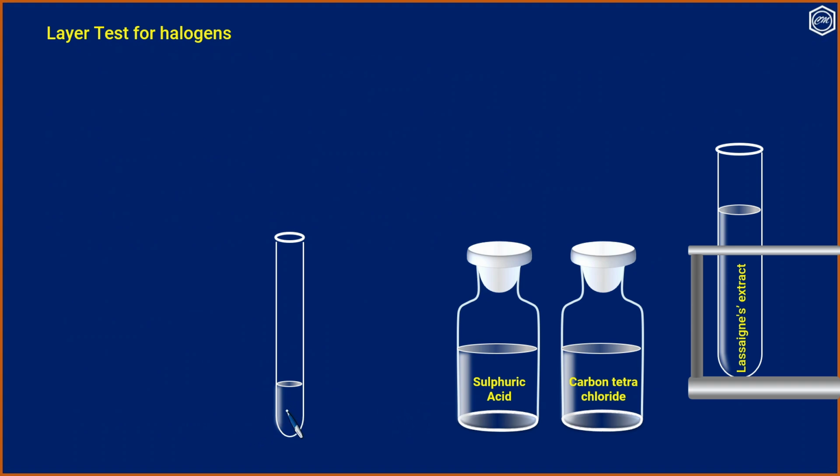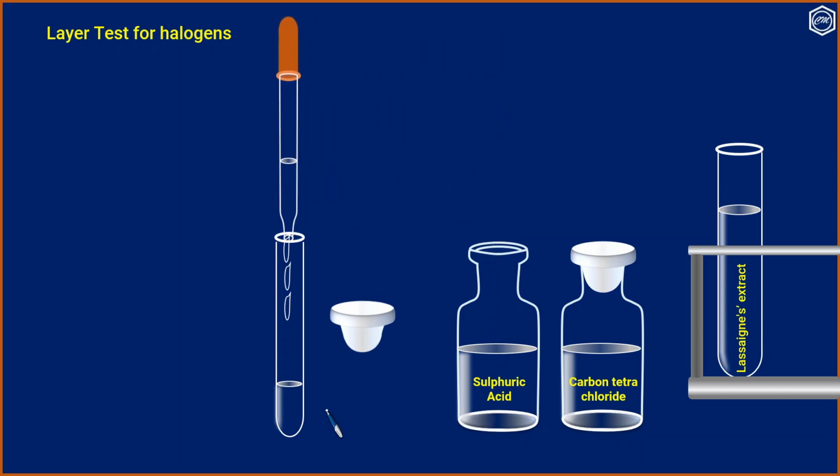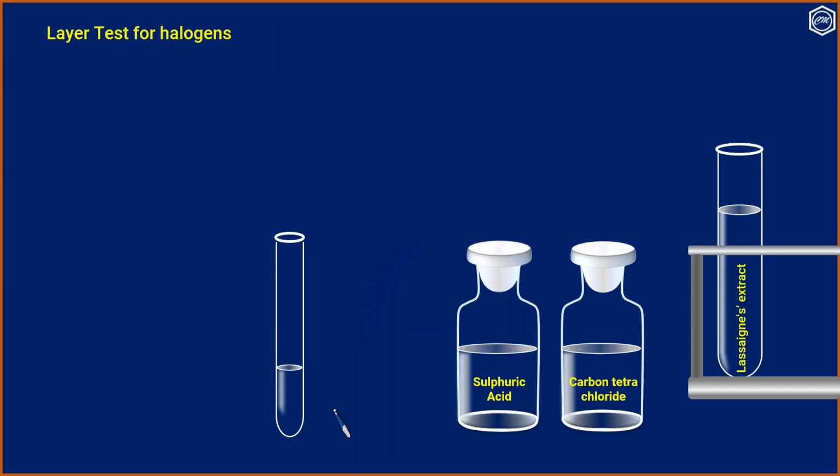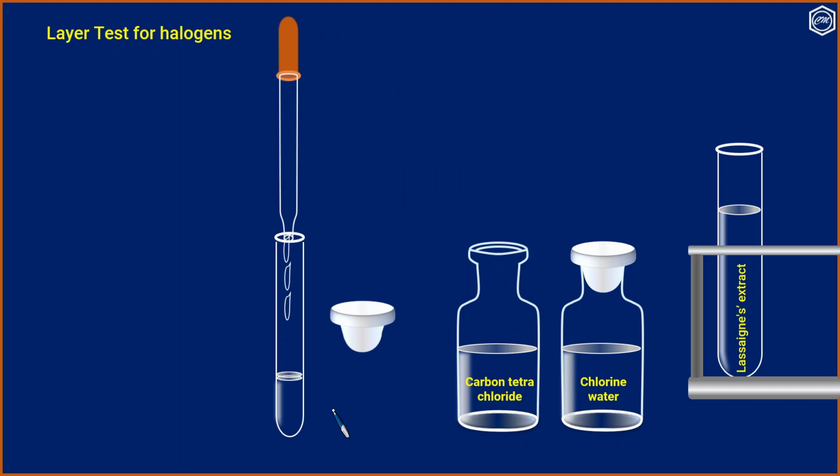So we take about 1 ml of the Lassaigne's extract. We add a few drops of dilute sulfuric acid using a dropper. After that, we add about 1 ml of carbon tetrachloride to this solution, also using a dropper.